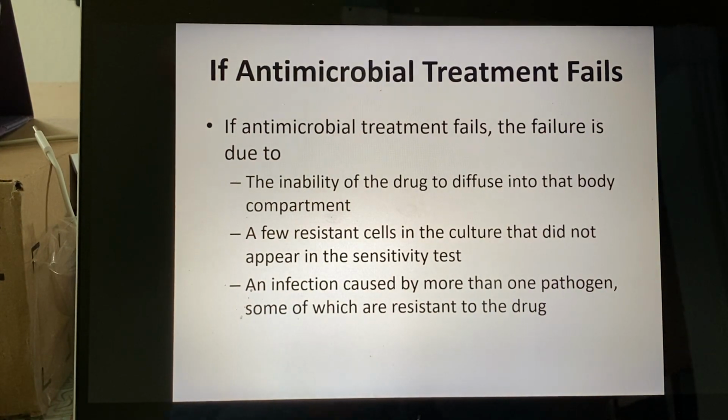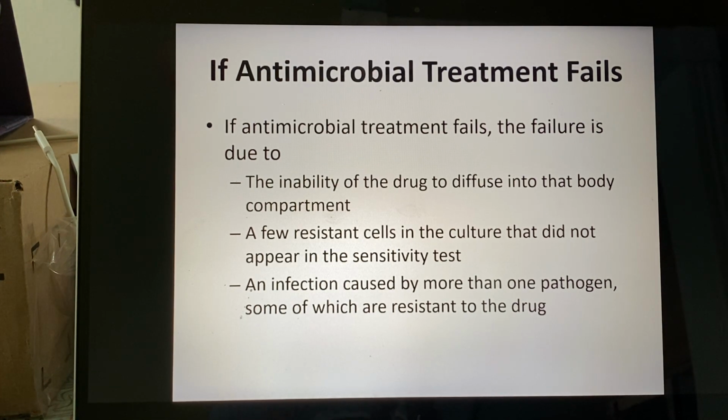So what happens if the treatment fails? There are a couple of reasons that can happen. One, perhaps there was a drug that was not able to diffuse into the particular body compartment that it needed to. I talked about how there are very few drugs that can cross the blood-brain barrier.